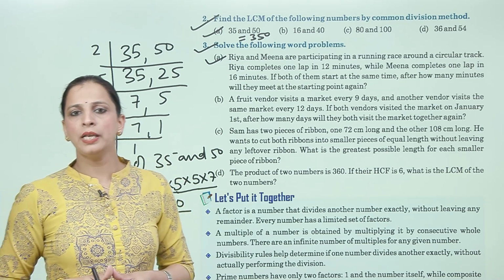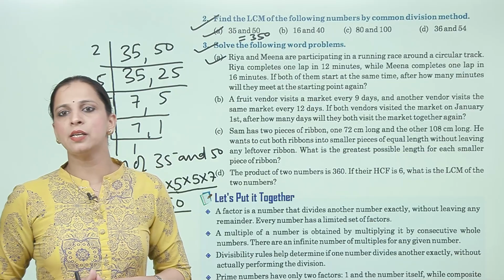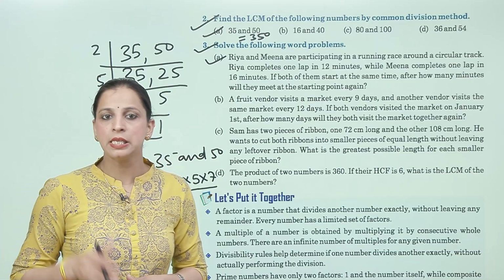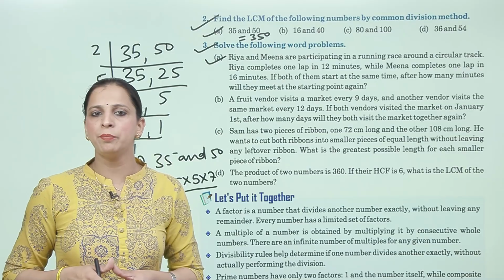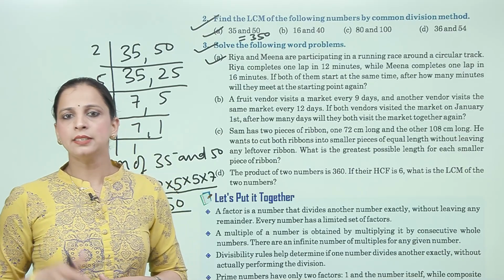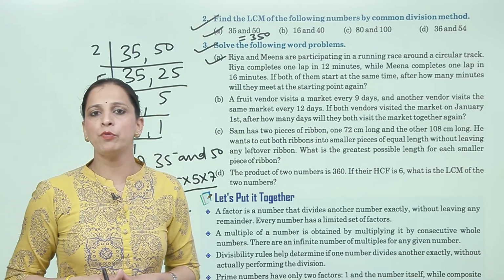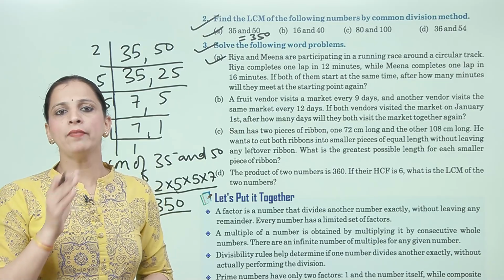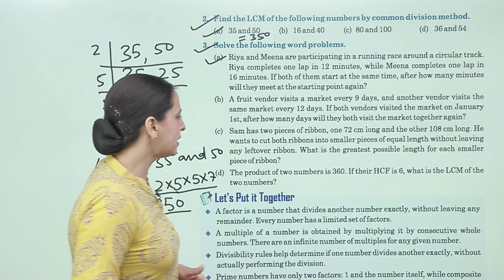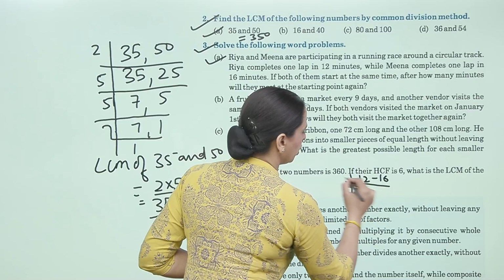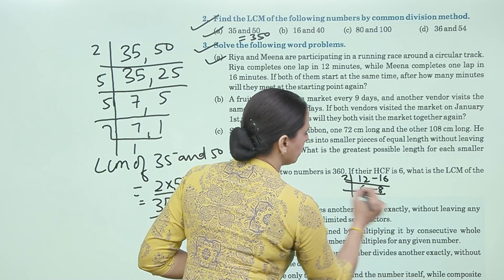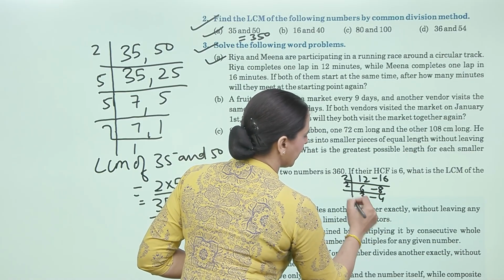Riya completes 1 lap in 12 minutes while Meena completes 1 lap in 16 minutes. If both of them start at the same time, after how many minutes will they meet at the starting point again? So we have to find the LCM of 12 and 16. Now find the LCM of 12 and 16. 2 6s are 12, 2 8s are 16, 2 3s are 6, 2 4s are 8.